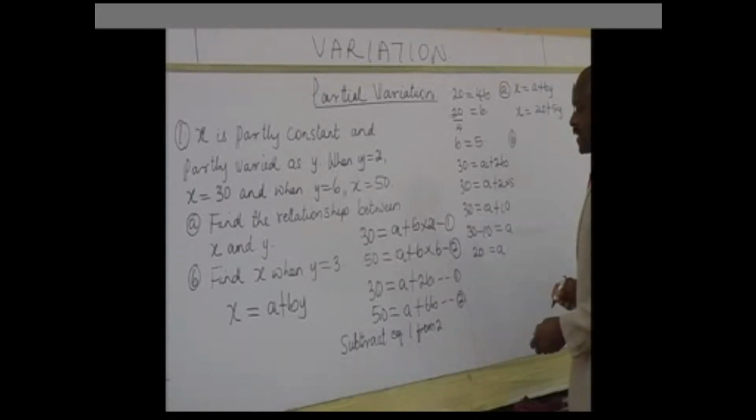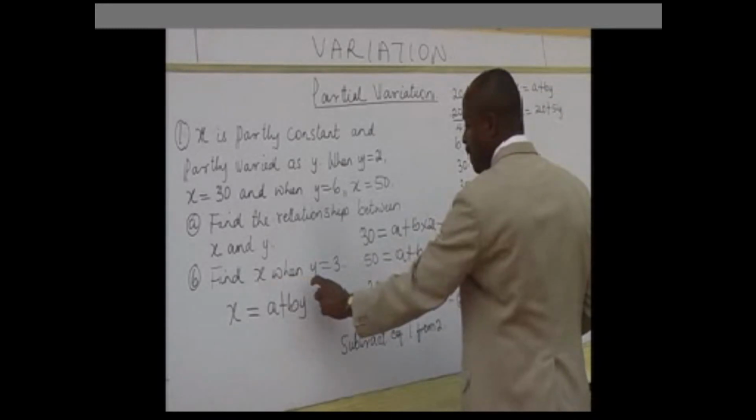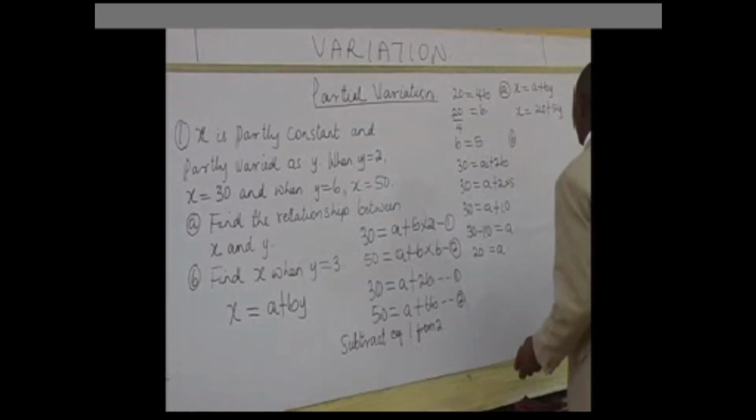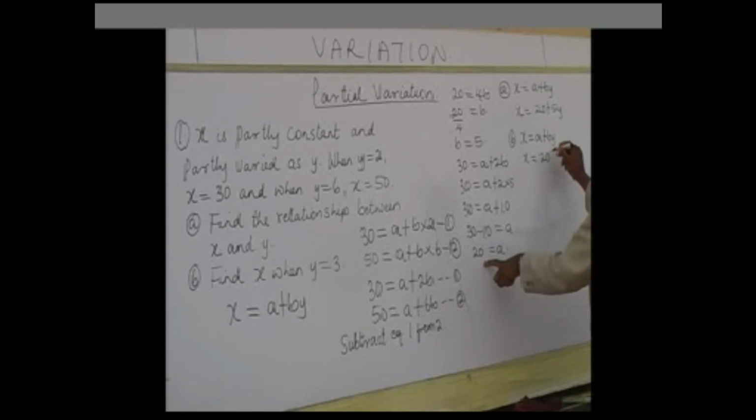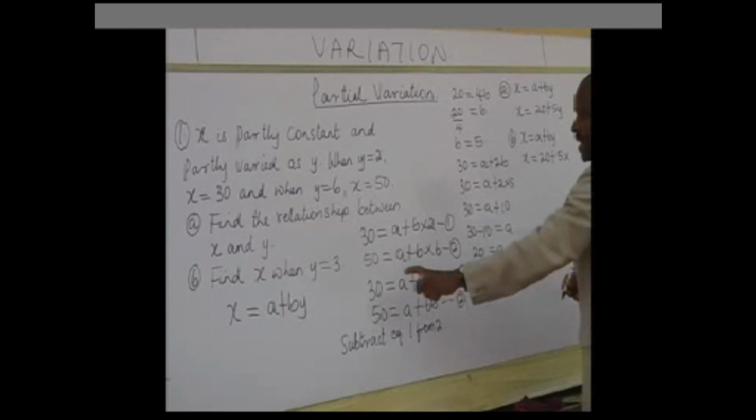Question number B says that we should find X when Y is 3. Our equation is X is equal to A plus BY, and the question says we should find X. X is going to be equal to, our A is 20, 20 plus our B is 5 times, say that Y is 3.